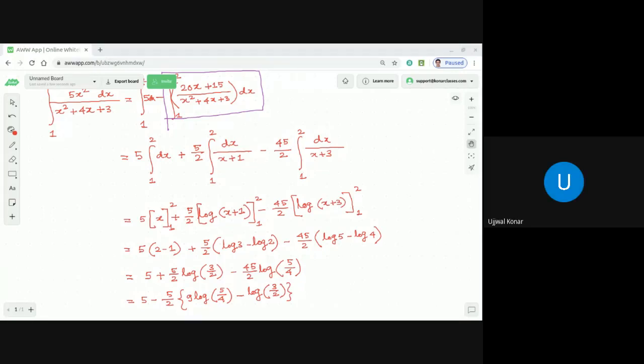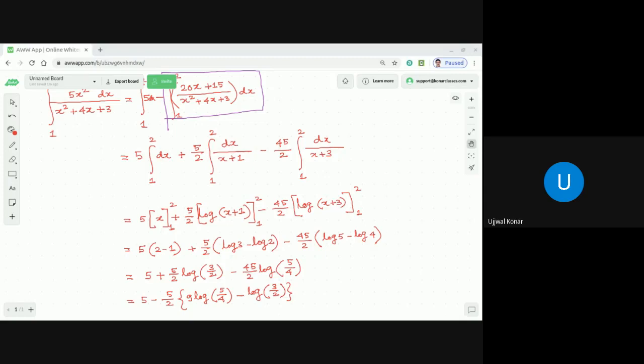I just looked into your solution. But I'm getting the 45 by 2 term different. That is different. Correct. Because you see, the last moment what you did is 45 by 2 log 4 minus log 3, log 5 minus log 4, no?